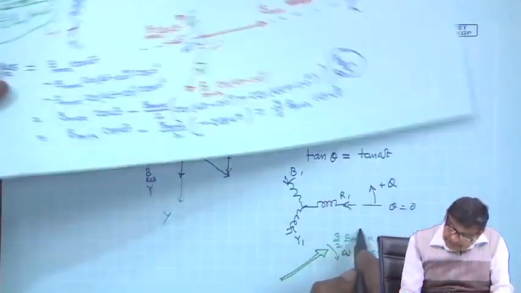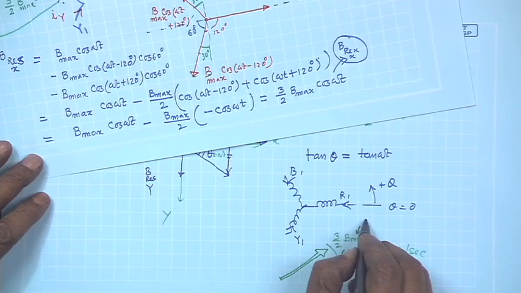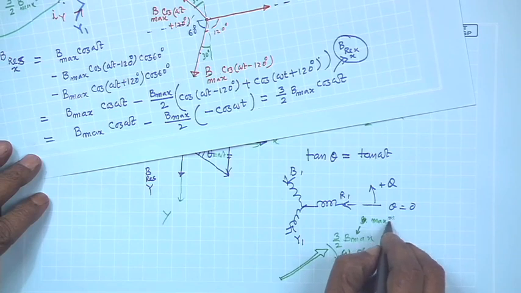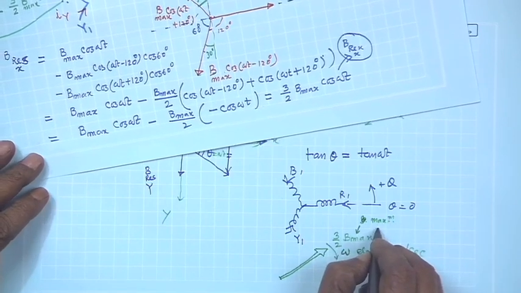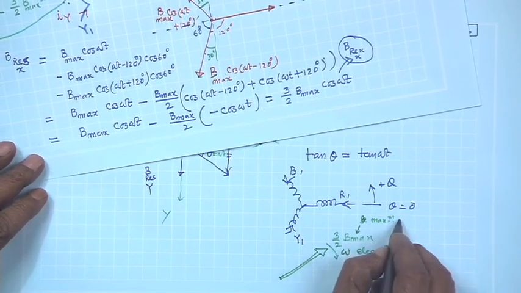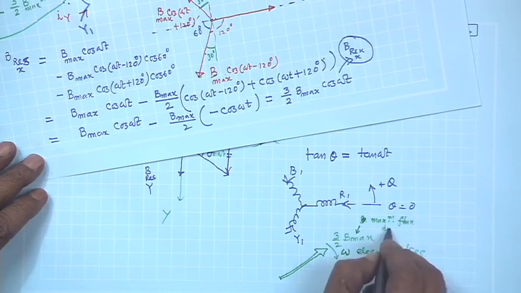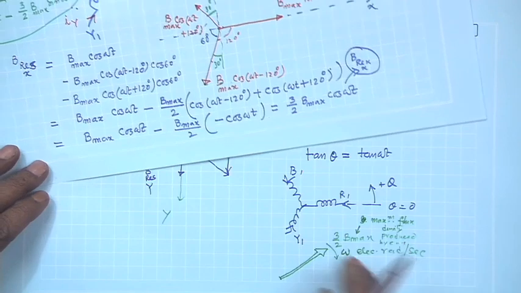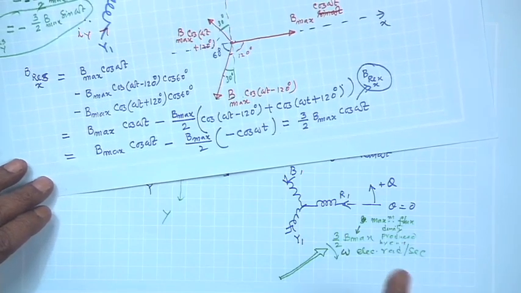B max is the maximum B flux density produced by each phase, and that will be same for all the phases, because same I max is flowing.